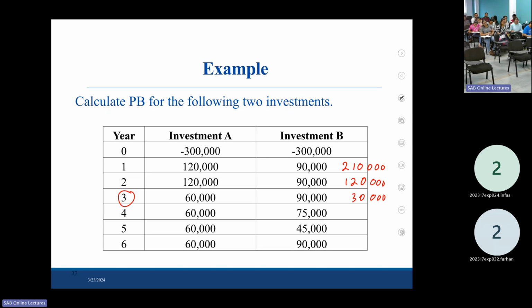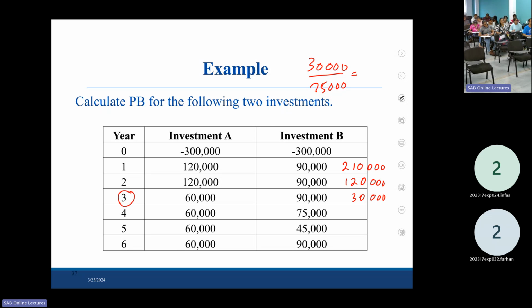You can calculate 3 years plus 30,000 divided by 75,000. If it is in years, 30 divided by 75 is 0.4.